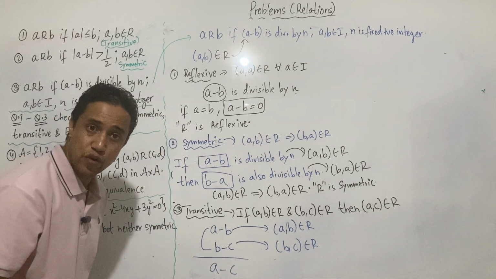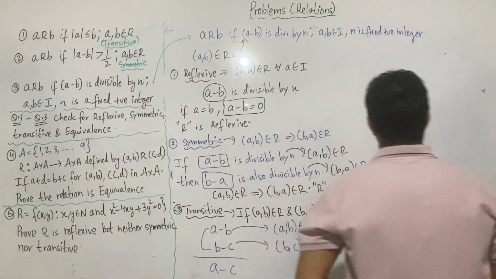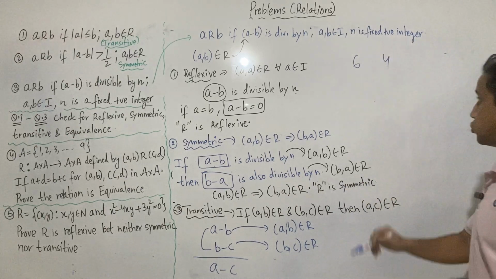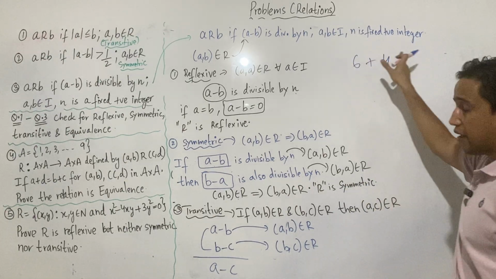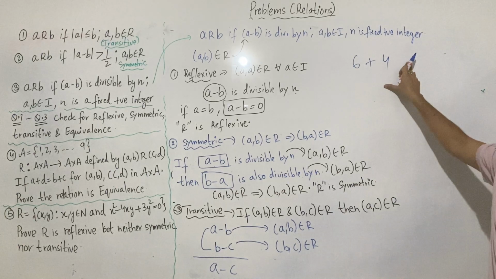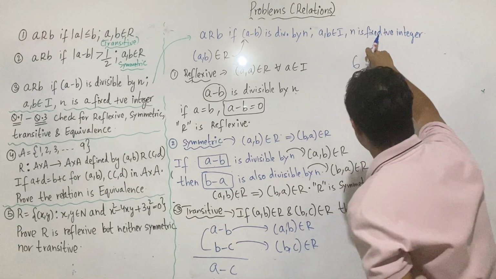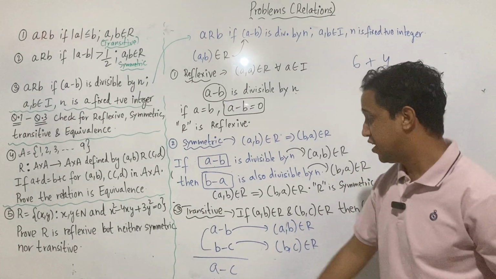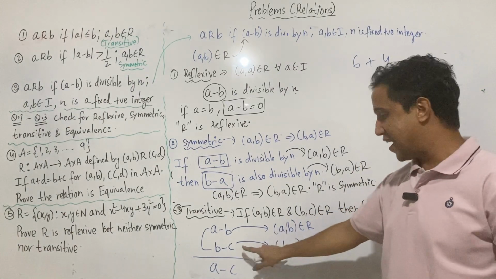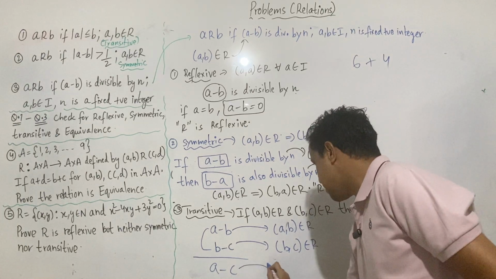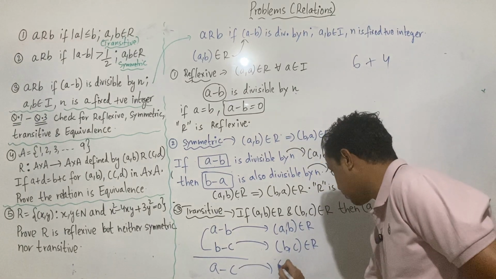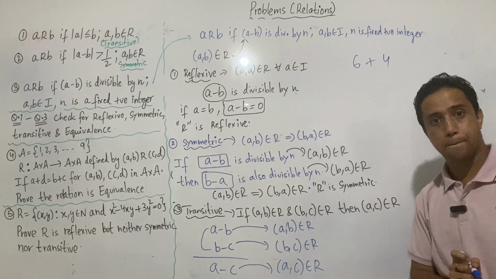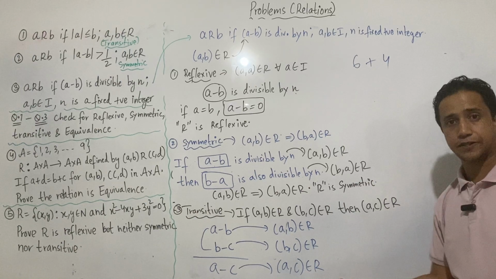You understand what I'm trying to say is that, see here, if 6 is divisible by 2, and 4 is divisible by 2, then the addition or subtraction, their difference and their sum, is also divisible by 2. Understand? So same here. If they are divisible by n, then A minus C is also divisible by n, which says that A and C are also in the relation. I hope you got it, right?